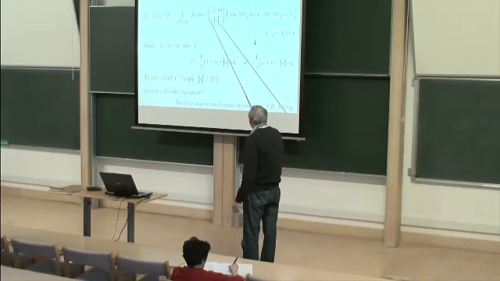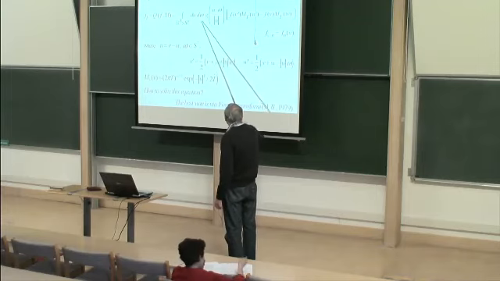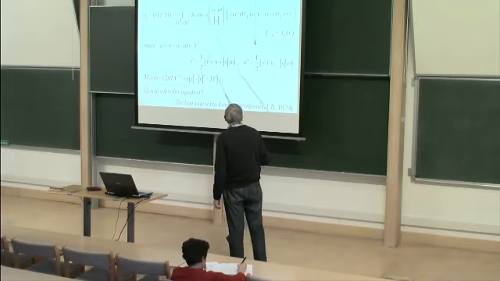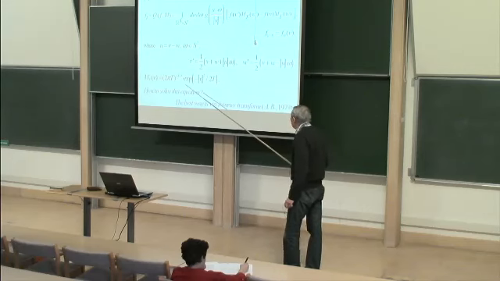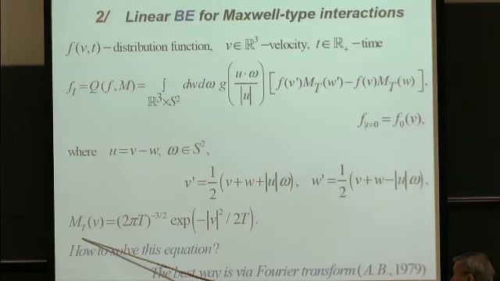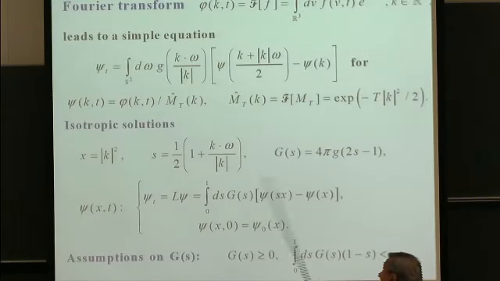My notations are standard: integral dw d omega, cross section, then the usual brackets, and capital M sub T is a Maxwellian with the temperature. Okay, so it is quite standard. I will first explain how to solve it.